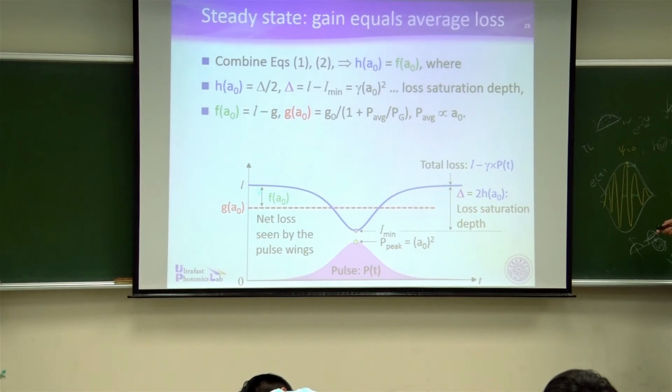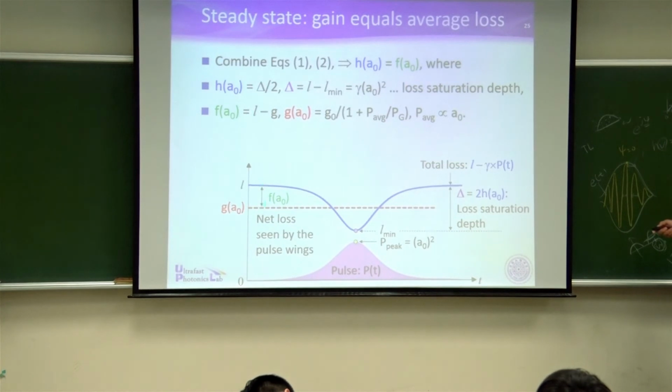The meaning of the difference is here. It means the net loss seen by the pulse wings. This is pulse wing, right? The difference, L minus G, if it is positive, that means loss is bigger than your gain. It means net loss.